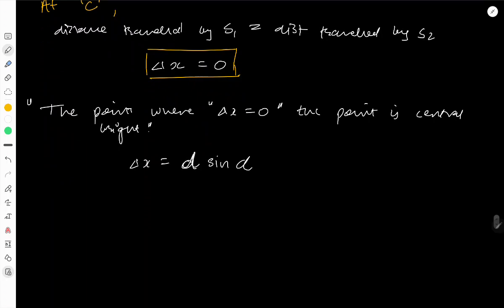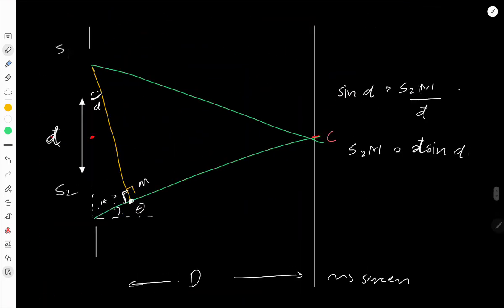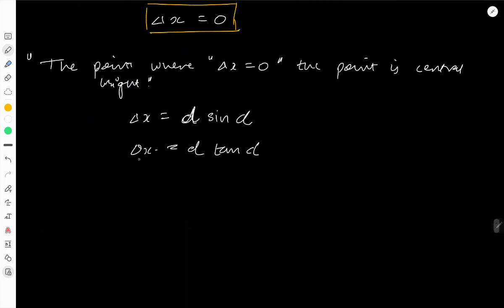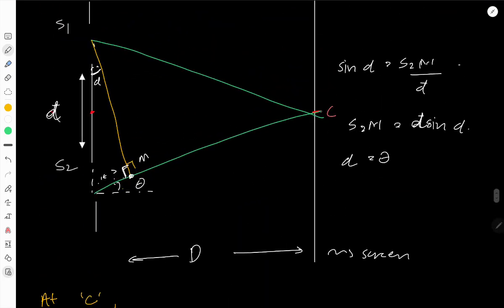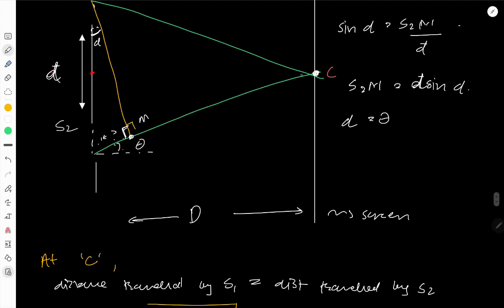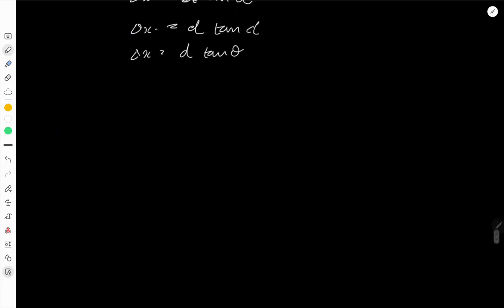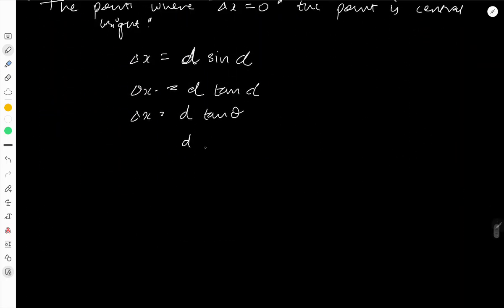and now as the angles are very small we can convert sine into tan. So this is tan alpha and this is d equals delta x, and now by geometry we can prove that alpha is equal to theta, and hence as alpha becomes theta, we can write delta x equal to d tan theta, and tan theta is d upon this distance, and we take this distance from C, so d into 0 is equal to delta x.